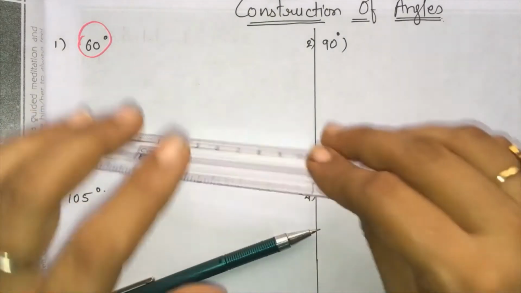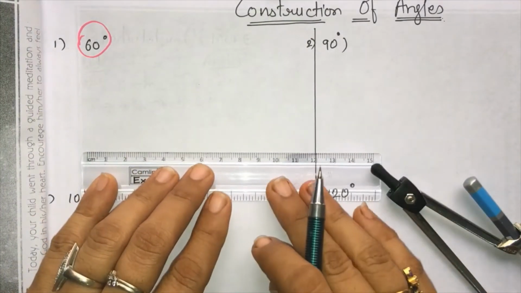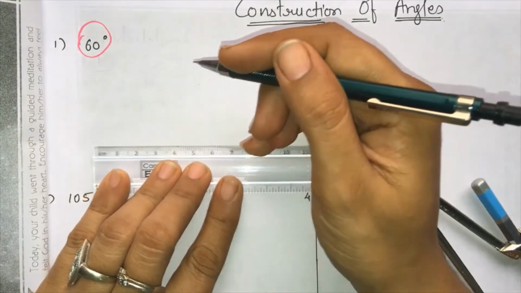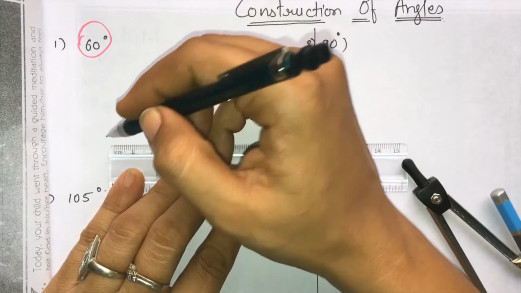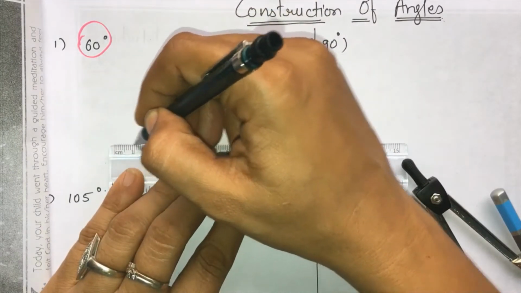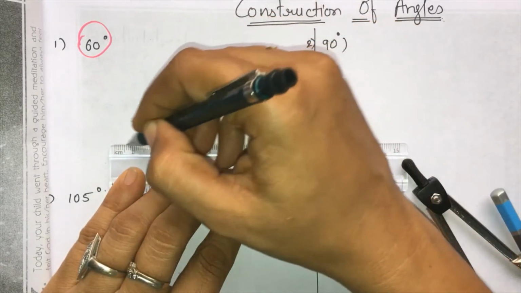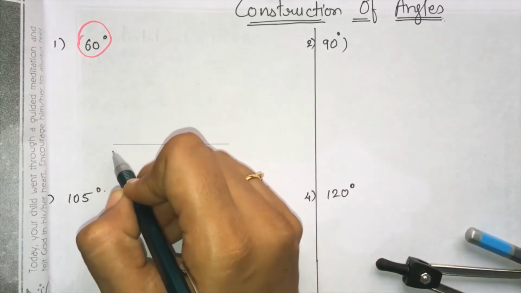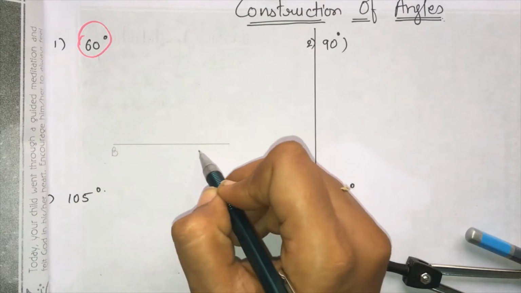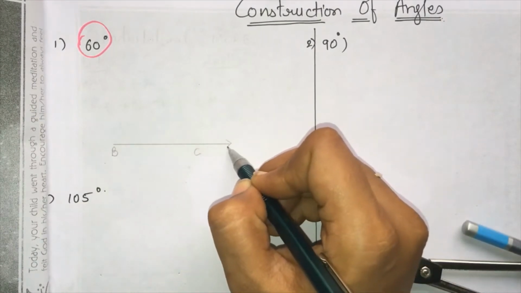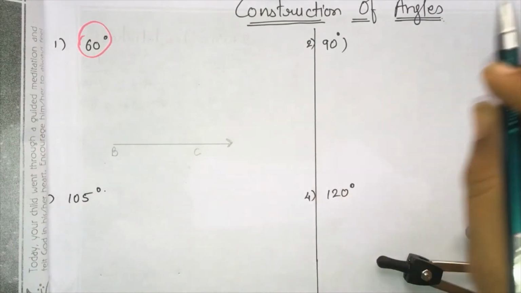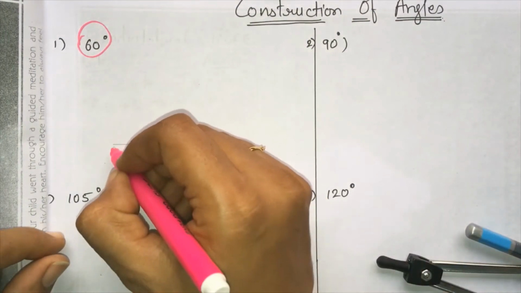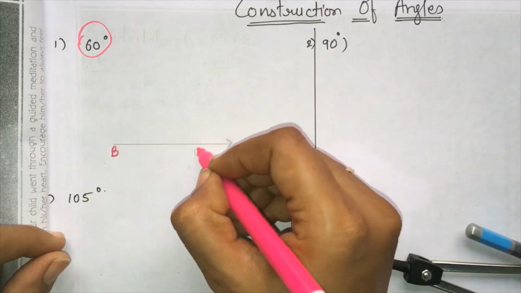For that, what we will do is, first we will draw a line segment of any length, and we will give some name, say B, C, and instead of line segment we will make it a ray. So I am naming this as BC.